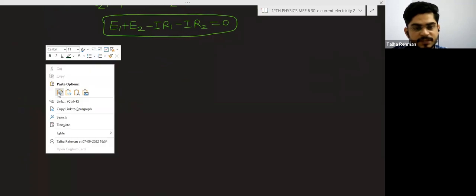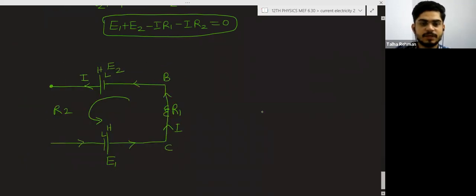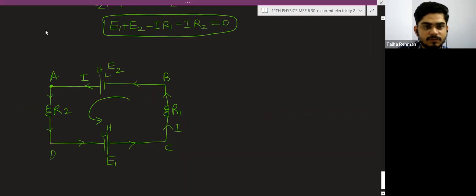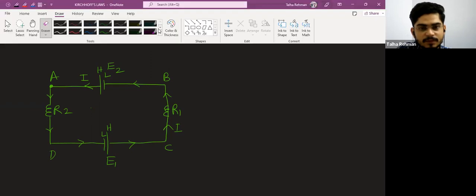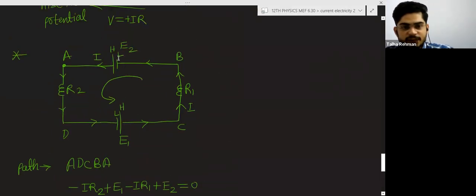Just please have patience, all things will be cleared. I am not saying take the direction that I am taking, you can choose your direction also. This is the path I have chosen in the same direction as the current.